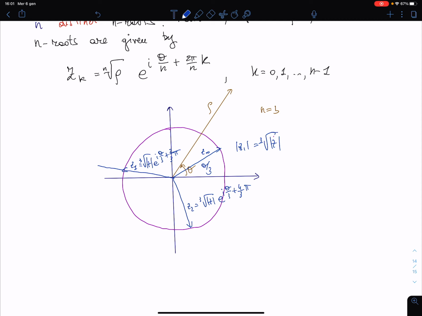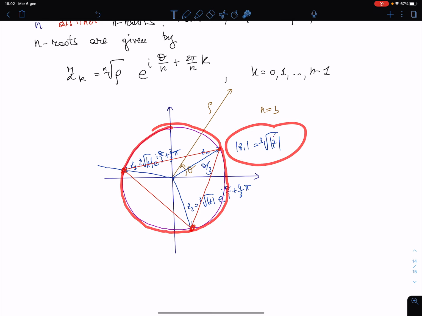So geometrically, when you have to take the roots, you basically have to draw a polygon, in this case a triangle, with a number of sides which is exactly the same as the degree of the root you are looking at, and the intersections of the vertices of the polygon with the circle whose size is exactly the nth root of the modulus of the number you are given, these intersections give you the roots.